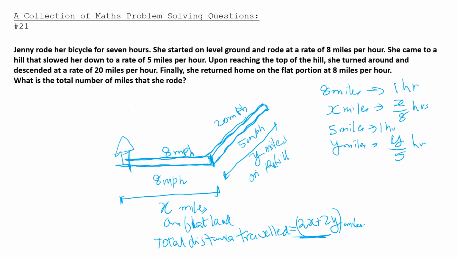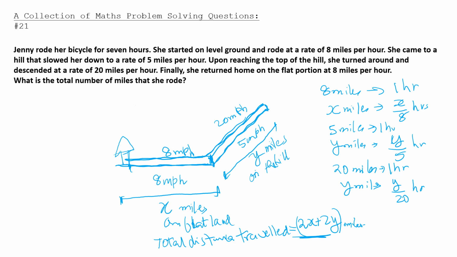And finally when she comes down, it is 20 miles in 1 hour, so y miles, because she travels y miles twice, once going up the hill and the other time coming downhill, at y out of 20 hours.